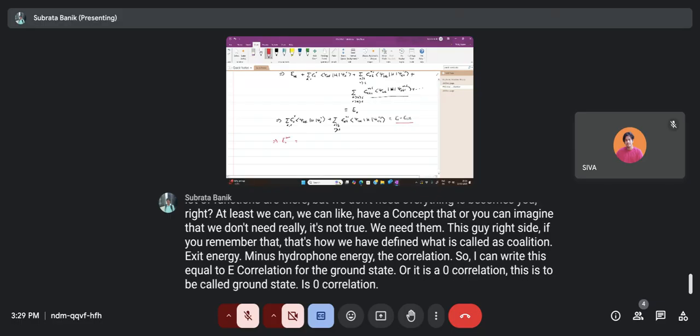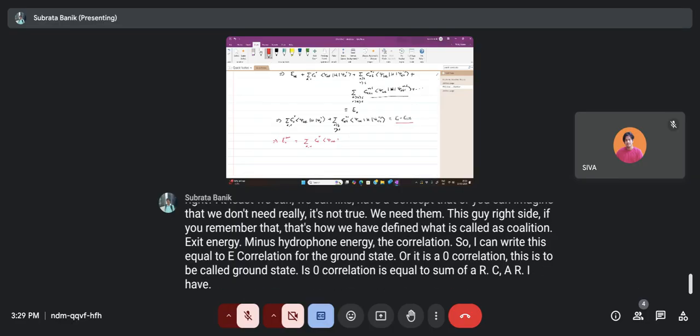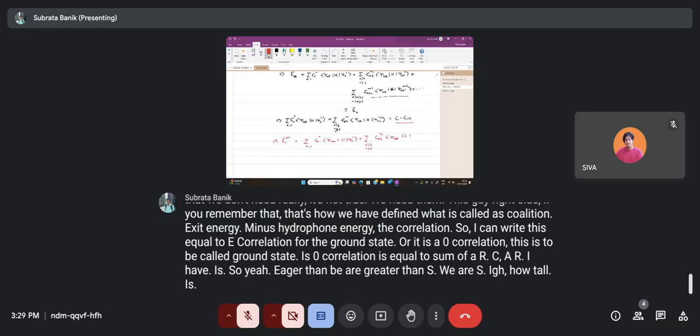E0 correlation is equal to the sum over a, r of c_a^r, psi Hartree-Fock H psi_a^r, plus the sum over a greater than b, r greater than s of c_ab^rs, psi Hartree-Fock H psi_ab^rs.